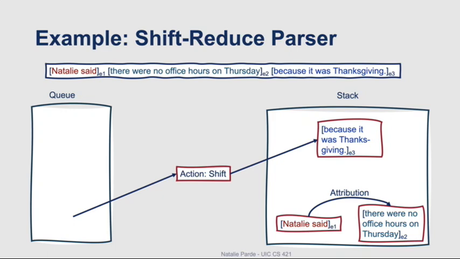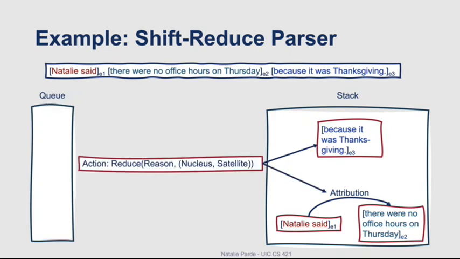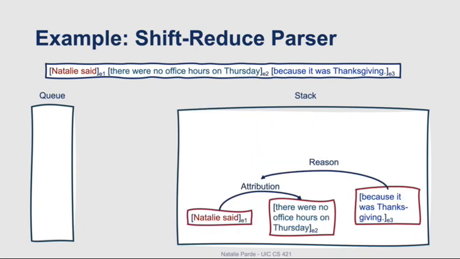There are still two subtrees on the stack. So we'll perform a reduce operation. Specifically, we'll assign the reason label to the relation between our attribution subtree and our new single node subtree. We'll set the subtree at the top of the stack as the satellite and the subtree below it as the nucleus. This results in the updated subtree that you see here.